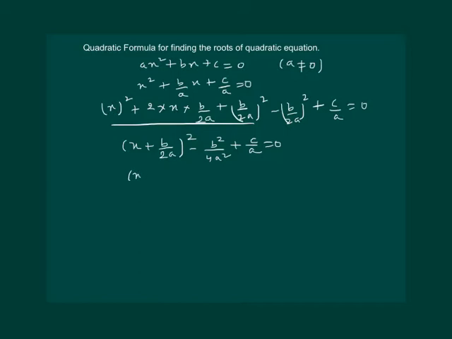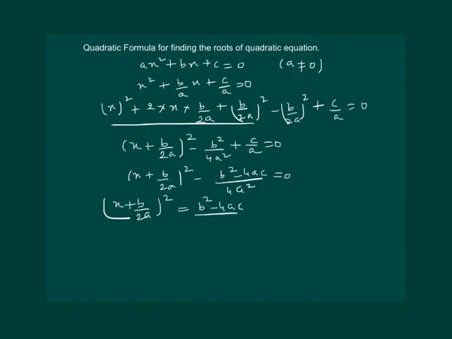Further solving, we get, with 4a square as the LCM, x plus b by 2a whole square equal to b square minus 4ac by 4a square.